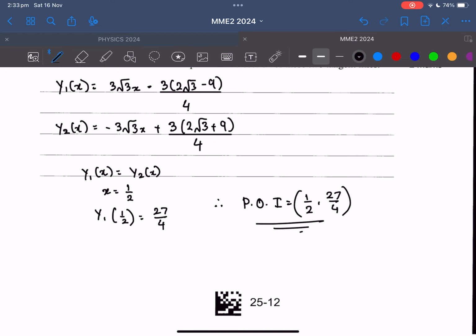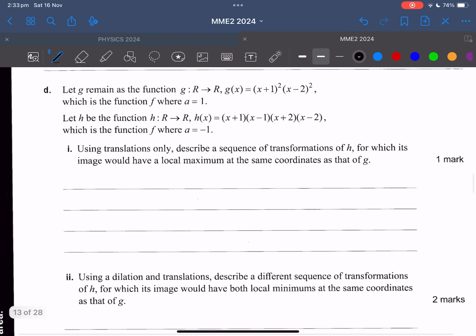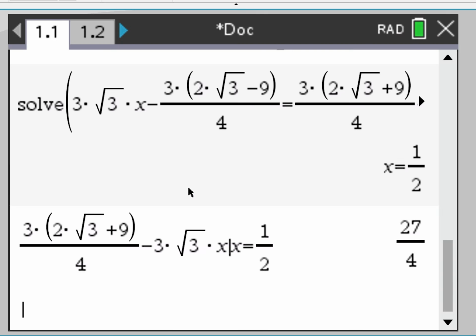Okay, alright, next question. Let g remain as the function this. Let h be the function this, which is the function f where a equals -1. So let's define h(x) now. I should have defined f(x) earlier on so that I could just simply substitute in values of a and it'd be easier for me to define.